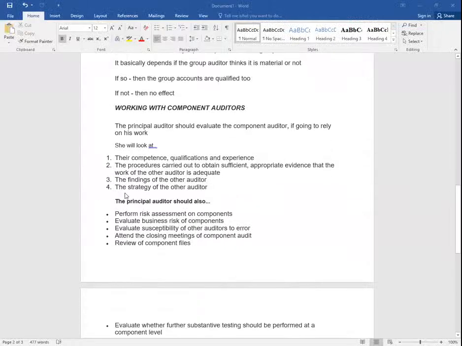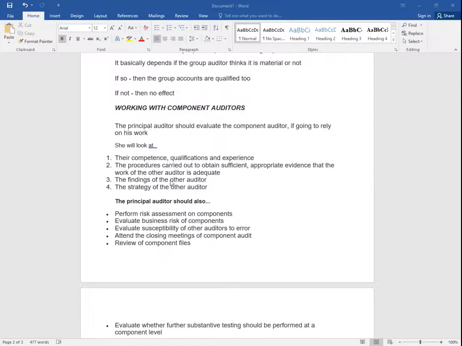We are told here, the principal auditor, who is the group auditor, should evaluate the component auditor if going to rely on his work. Here we are assuming that this auditor is a lady. She will look at, number 1, their competence, qualifications, and experience. Number 2, the procedures carried out to obtain sufficient appropriate evidence that the work of the other auditor is adequate.